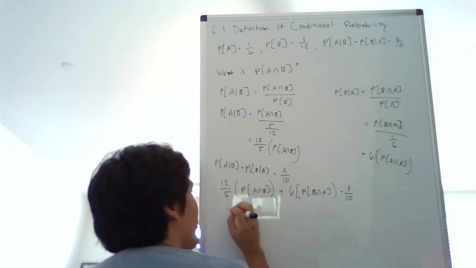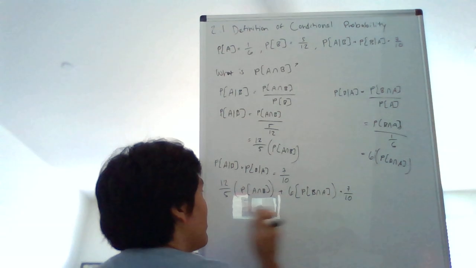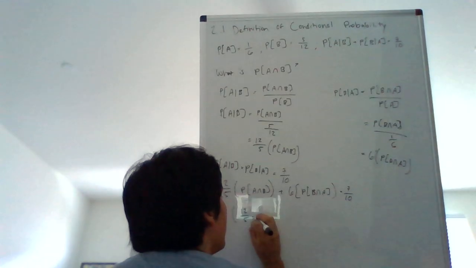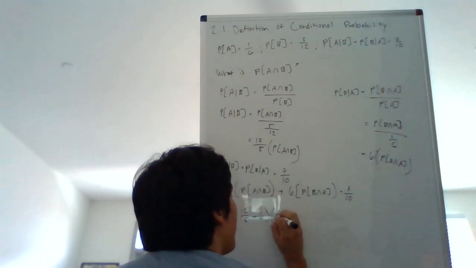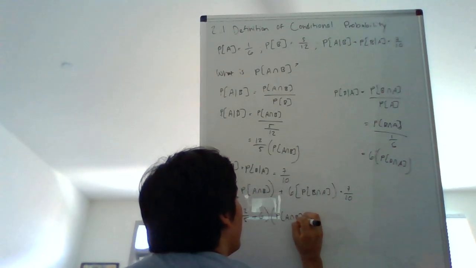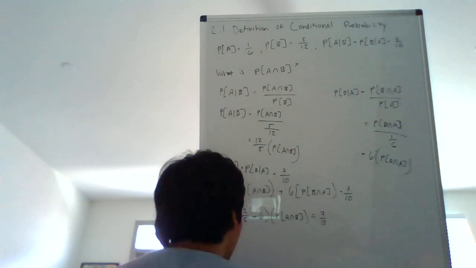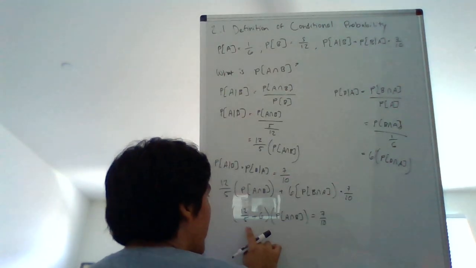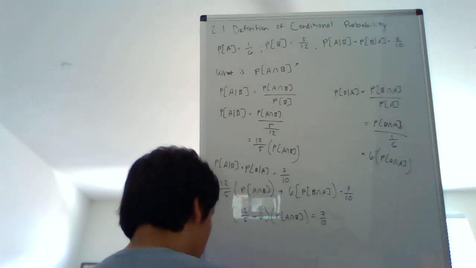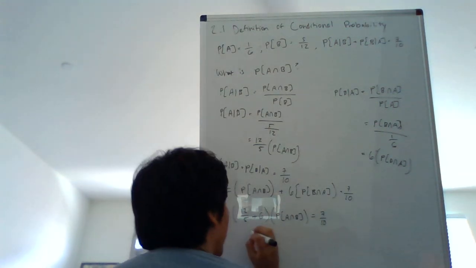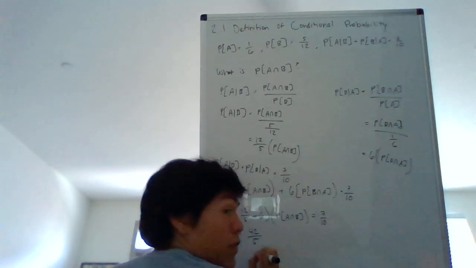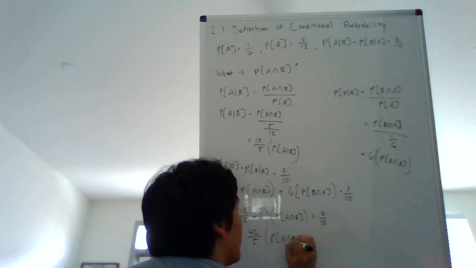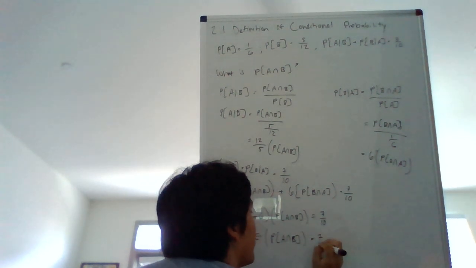Instead of having it written out long like this, we can simplify it a little. 12 over 5 plus 6 times the probability of A intersect B is equal to 7/10. And 12 over 5 plus 6 is 42 over 5. So 42 over 5 times the probability of A intersect B is equal to 7/10.